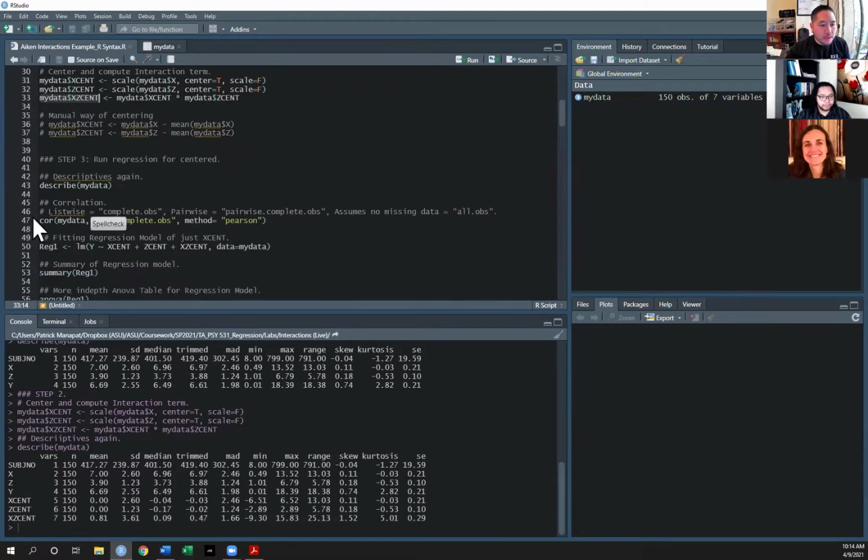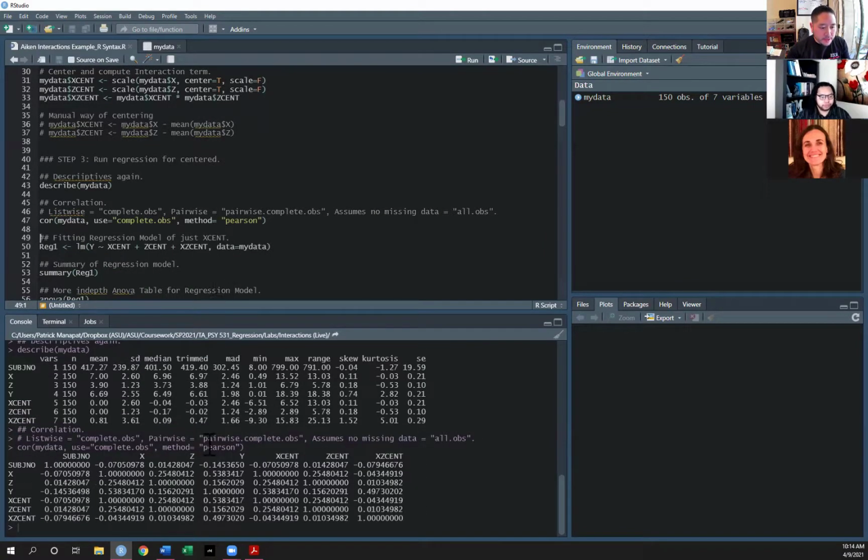All right. We can look at our correlations here. Like I said, if we look at the correlations between xzcent, this bottom line here, and the individual xcent predictor, the correlation is almost 0. Same thing here with zcent, it's almost 0.